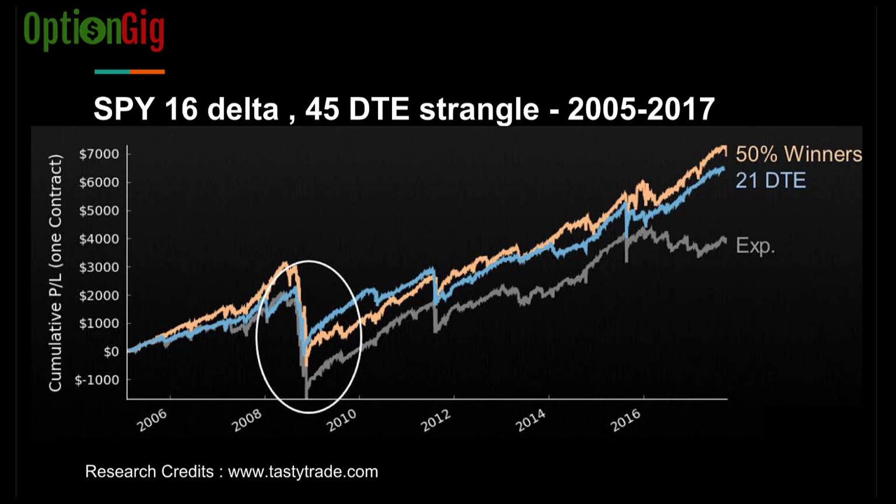Now if you look at these trades if you let them expire, your portfolio P&L graph is shown by this gray color. Which means that over the last 12 years, from 2005 to 2017, if you had added 16 delta strangles at 45 days to expiration and let the trade go through full expiry, your portfolio value is here.